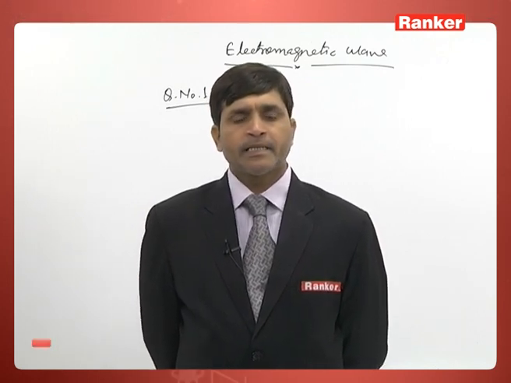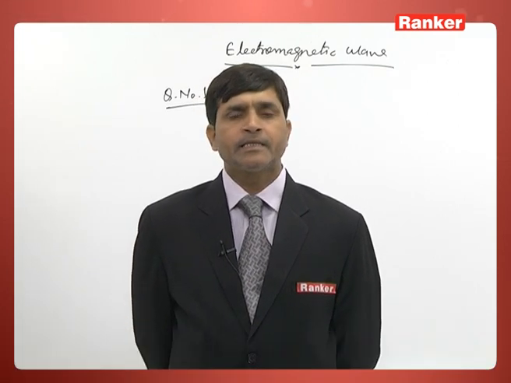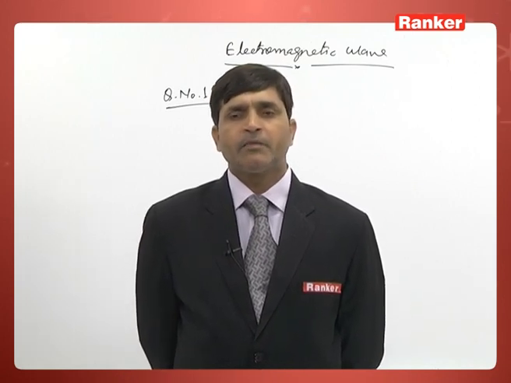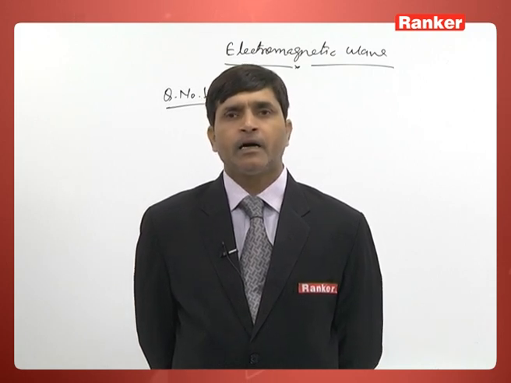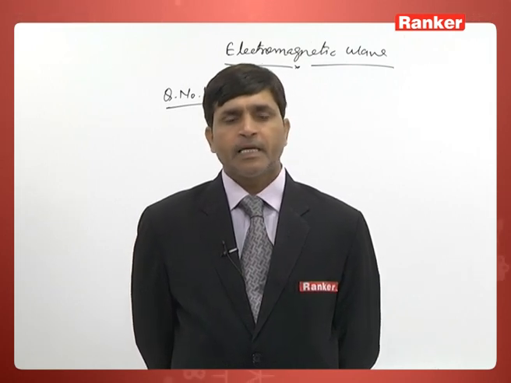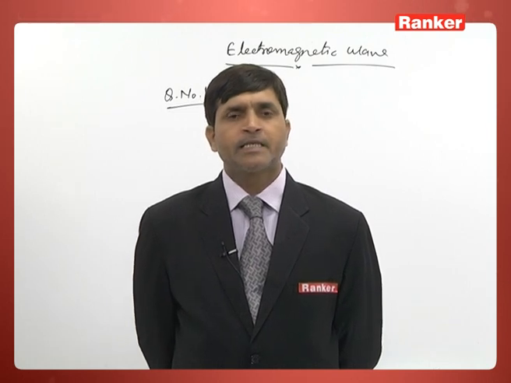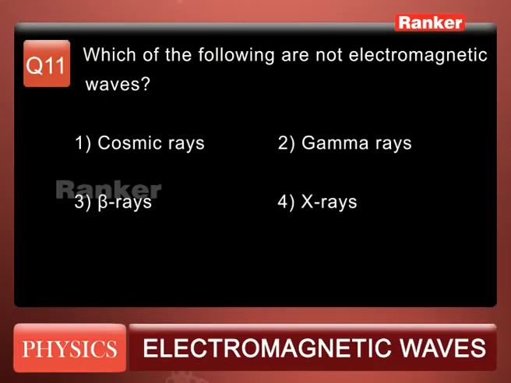Cosmic rays, gamma rays, X rays are all radiations, while beta rays are rays produced by matter particles, and these matter particles are the electrons and positrons. So beta rays are not electromagnetic waves. These are rays that can be said to be a matter wave. So the correct option is option number 3. So beta rays are not an electromagnetic wave.